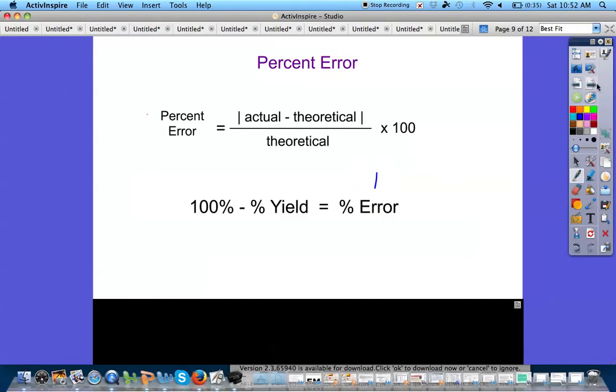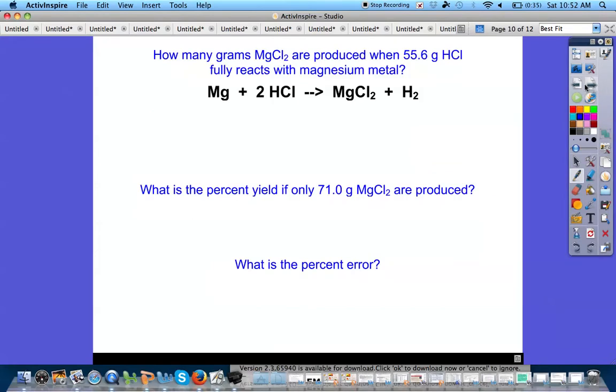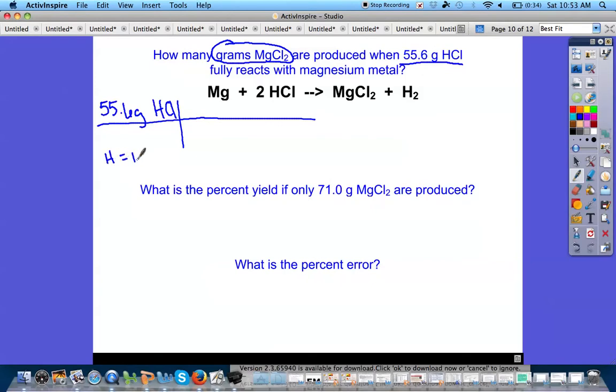So let's try this with one other problem here. We're asked, how many grams of magnesium chloride are produced when 55.6 grams of hydrochloric acid fully reacts with magnesium metal? So we're going to start with that number and unit that we are given in the problem. And we need the molar mass of hydrochloric acid. So hydrogen is 1.01, and we have one atom of that.